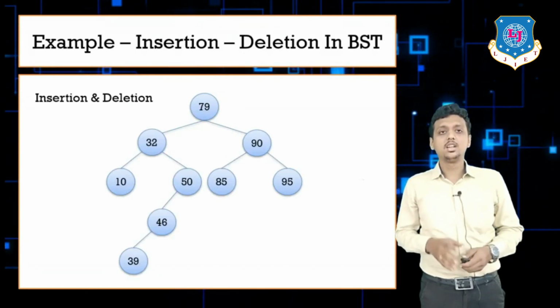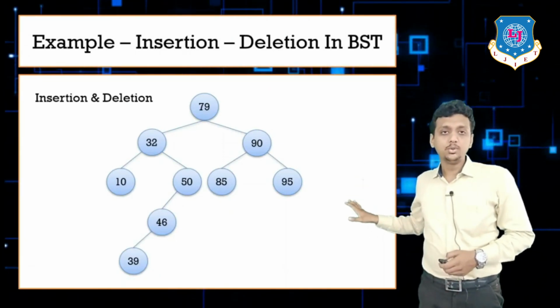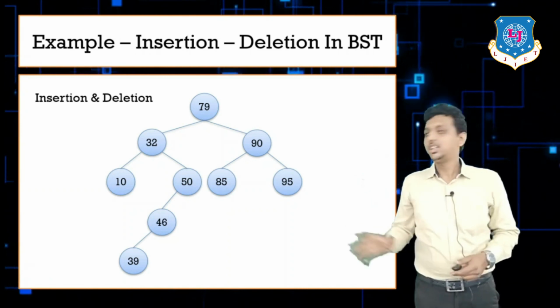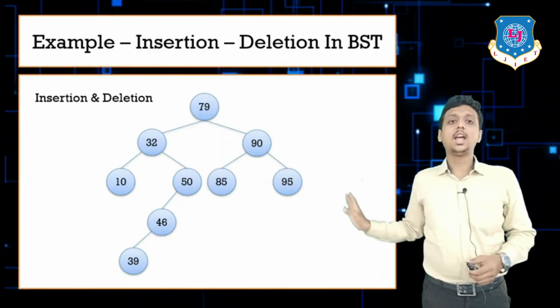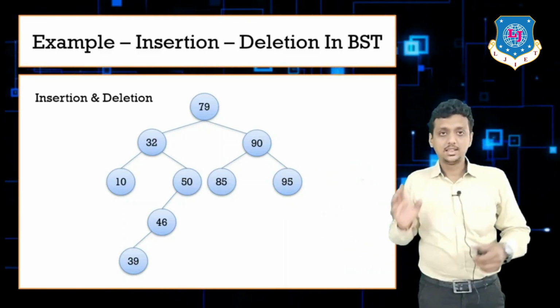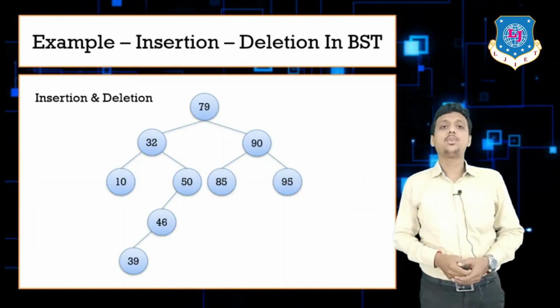Students, here is a binary search tree given to you. Okay, 79, 32, 10, 50 and 46. Then we have 90, 85 and 95 with us.